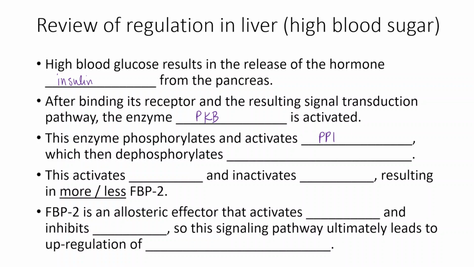So PP1 is a phosphatase. It dephosphorylates. And what does it dephosphorylate? Yes, the bifunctional enzyme. Our bifunctional enzyme has PFK2 and FBPase2.